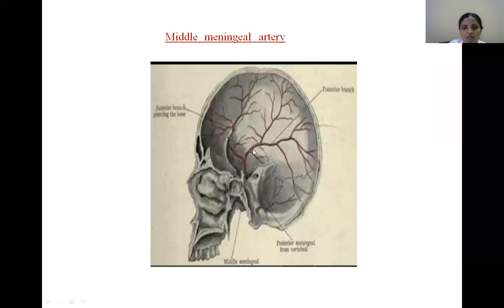The main thing, why we should know this middle meningeal artery: if you see this thinnest portion of the temple region, which is known as the pterion, on the inner aspect of the pterion we can see where exactly the middle meningeal artery bifurcates into anterior and posterior branches. If there is any damage to this vessel in case of injuries or skull trauma, if there is a rupture of this vessel, what happens? It immediately leads to extradural hematoma.